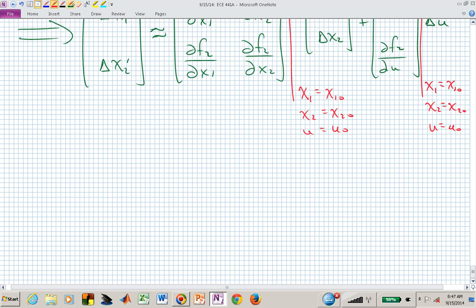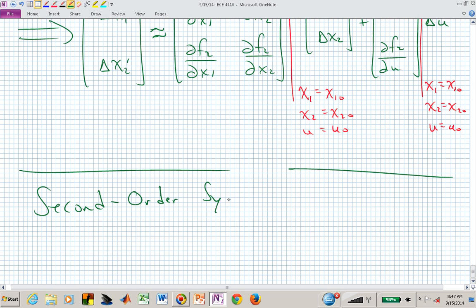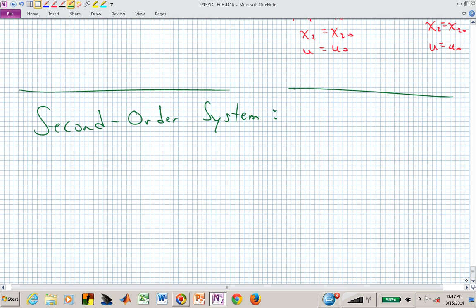Let's see if you can do a second order. Now we have x double prime is equal to, let's just say, g of x, x prime, and u.